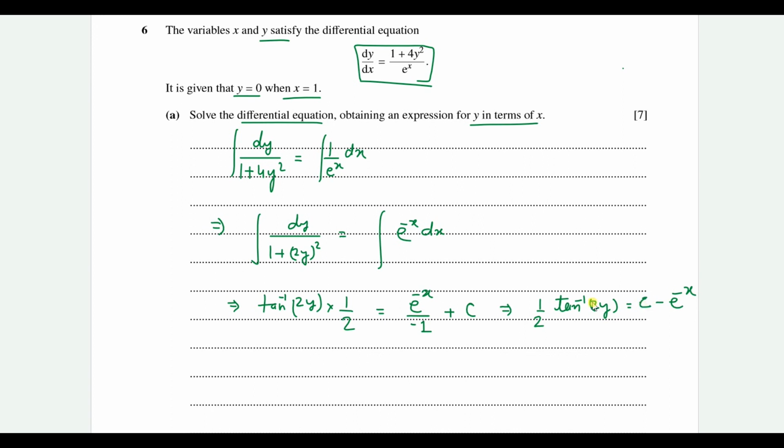Now we need to find c, and we can get it from the condition given: y is equal to 0 when x is equal to 1. So we put it here: 1 over 2 tan inverse 0 is equal to c minus e raised to the power minus 1.